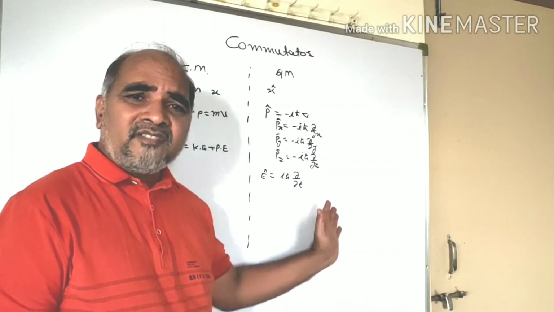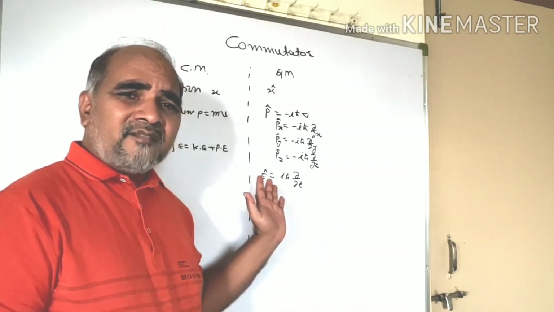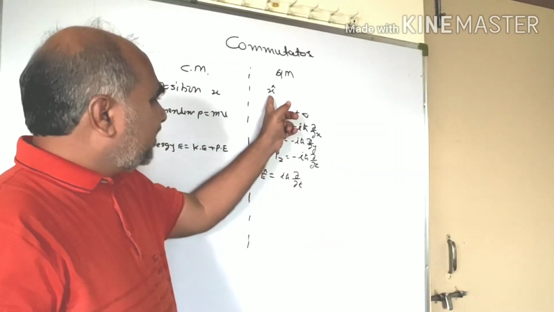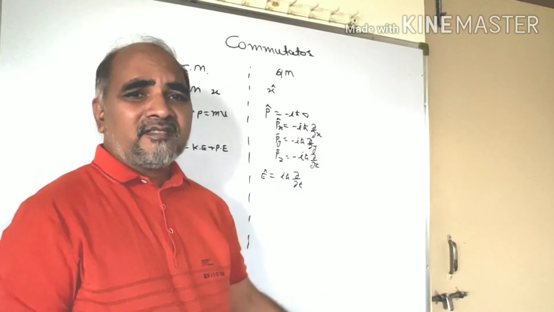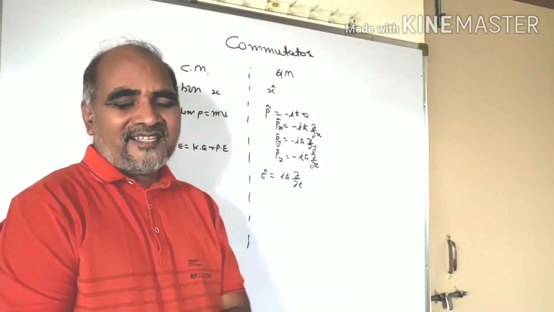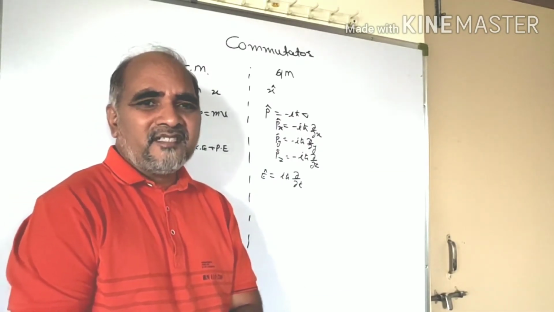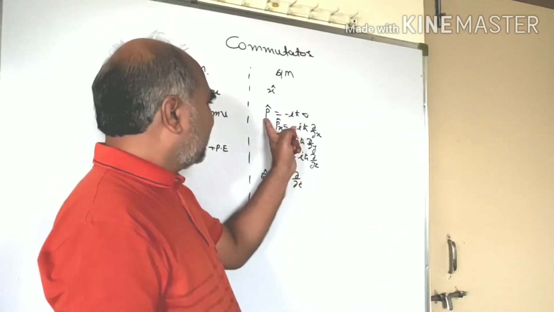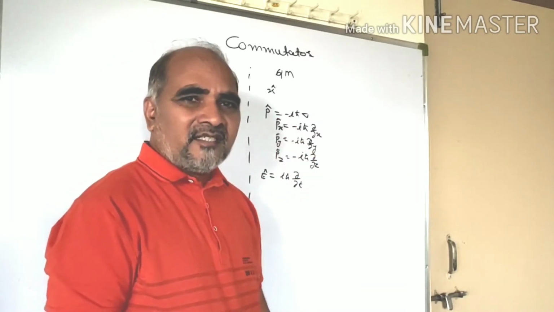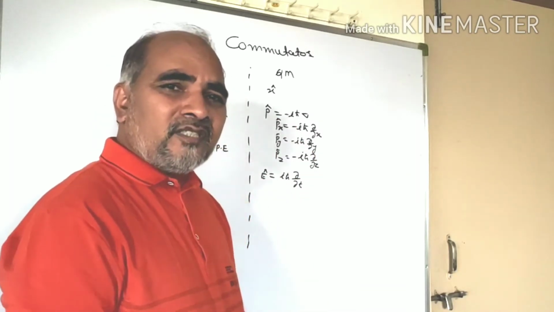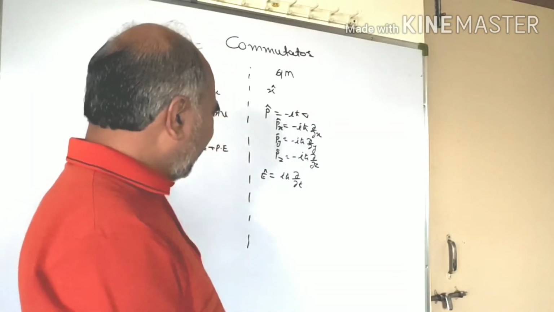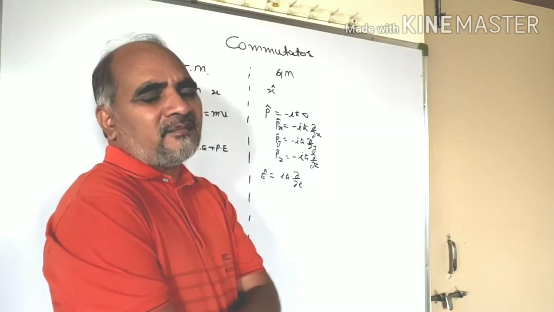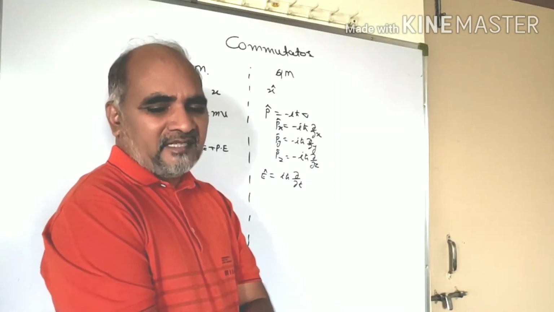In quantum mechanics, measurements are in terms of operators, and each operator is related to the process of a measurement. The x operator, the position operator, is related to the measurement of position. The momentum operator is the operation related to momentum, and so on. This is the basic difference between classical and quantum mechanics.